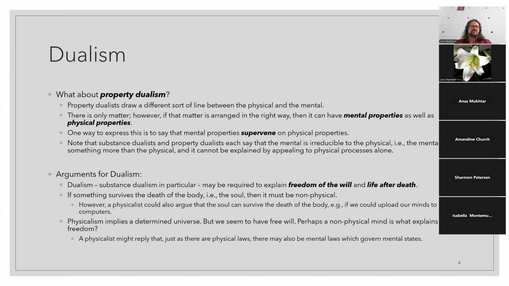And if that's true, maybe the explanation is that there is a non-physical mind. But a physicalist could say that, well, there might be physical laws, but there could also be mental laws that govern mental states. Somebody like David Chalmers would probably offer you an argument like this. Chalmers is a sort of property dualist.